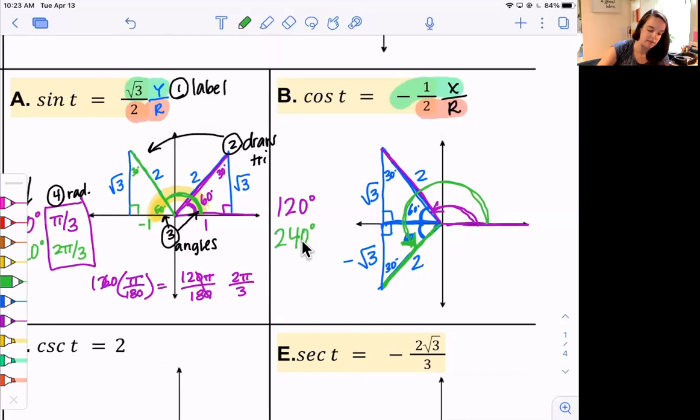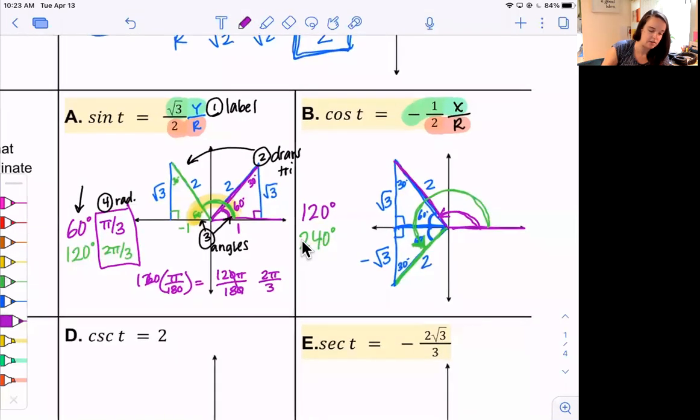Can anyone help me put them into radians? I already know the 120 is 2 pi over 3 from the last problem. So I know this is 2 pi over 3 as my first answer. So then if that is 2 pi over 3, if this is double, what's double 2 pi over 3?